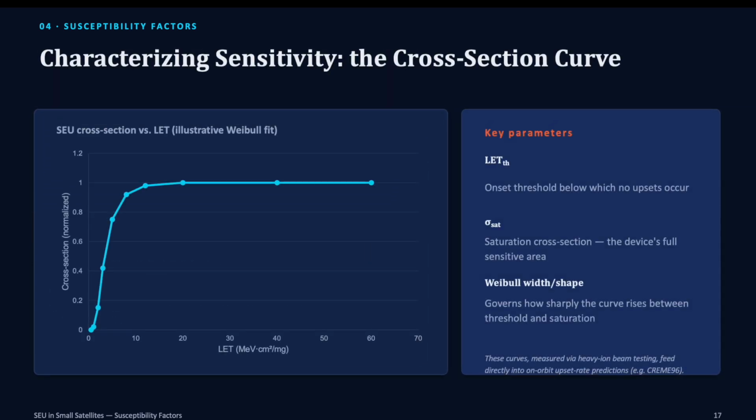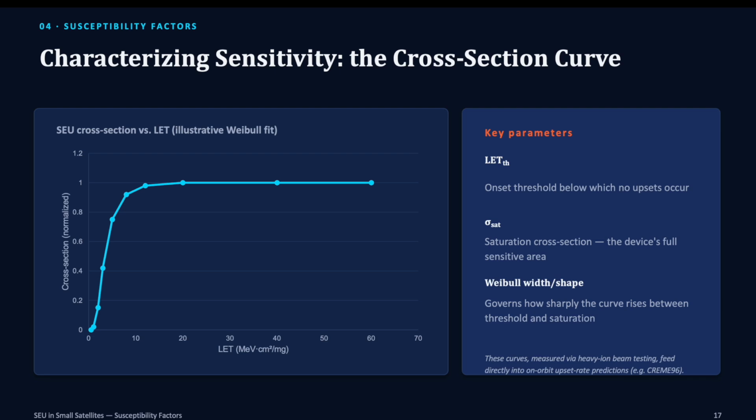So we measure susceptibility, which is, I keep saying this word, but basically it's the probability of the device going through this upset. So we measure this through beam tests, and the linear energy transfer and saturation cross-section are the two main numbers that matter most for mission risk calculations.